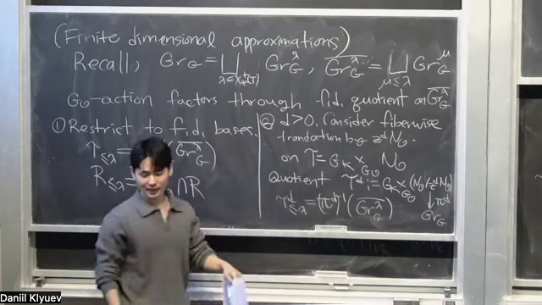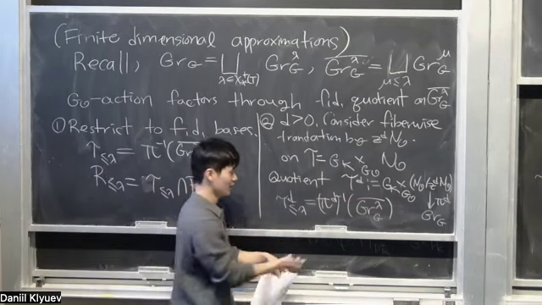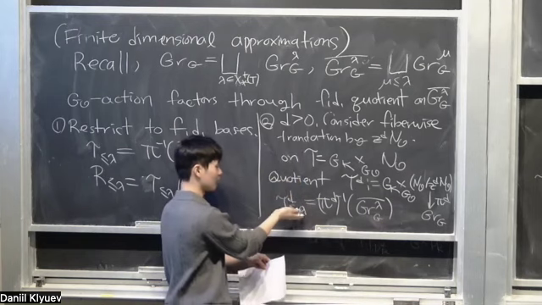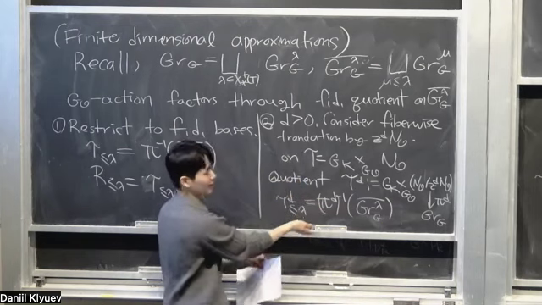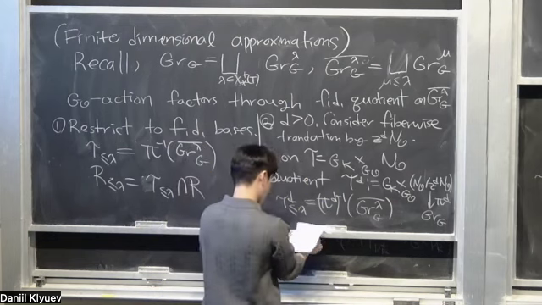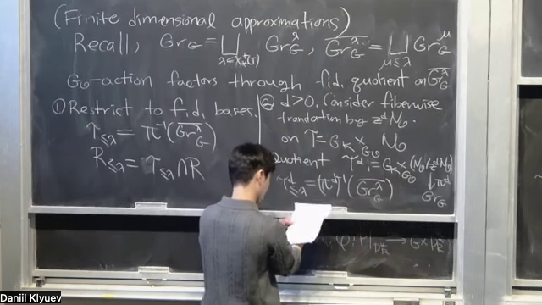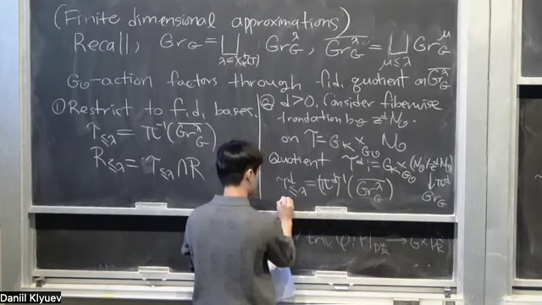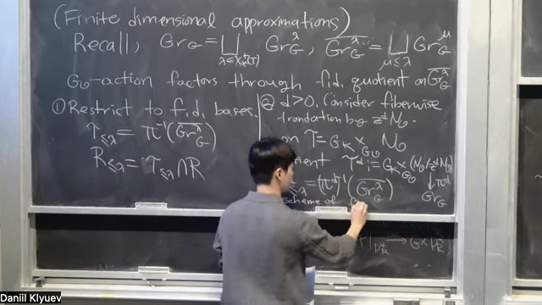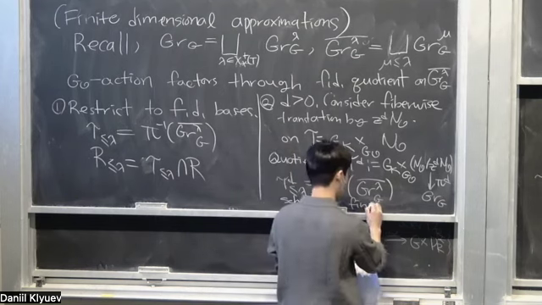So now we have a genuinely finite dimensional object. I have a finite dimensional proper, projective variety, and then I have a finite rank vector bundle on it. So this is genuinely a scheme of finite type. It's some vector bundle on a projective variety.